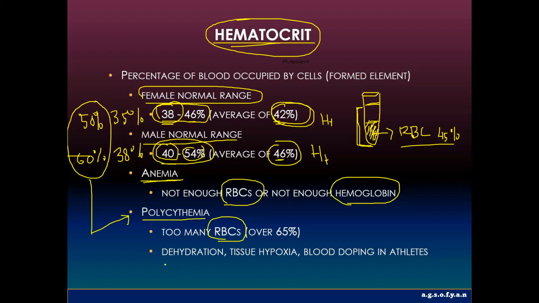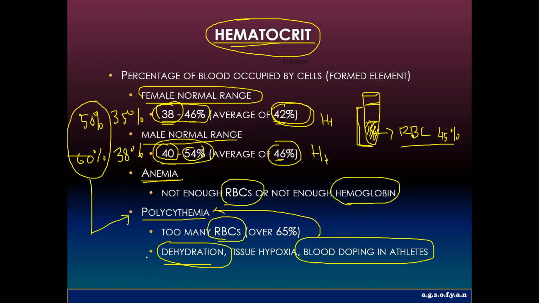It's causing dehydration and maybe this too much red blood cell can cause the blood to become stickier, and it's going to be more difficult to circulate. There are some athletes maybe using blood doping. They actually inject blood into their system. It might or it can cause this polycythemia. Also dehydration, because we have less water in our body, might also cause this polycythemia. Tissue hypoxia can also cause this polycythemia.